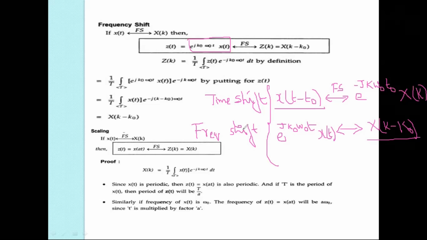But in the frequency shift, with the shifting of frequency by k naught samples, the time signal is multiplied with the positive exponential e power plus j k naught omega naught t x of t. Okay, my dear students.